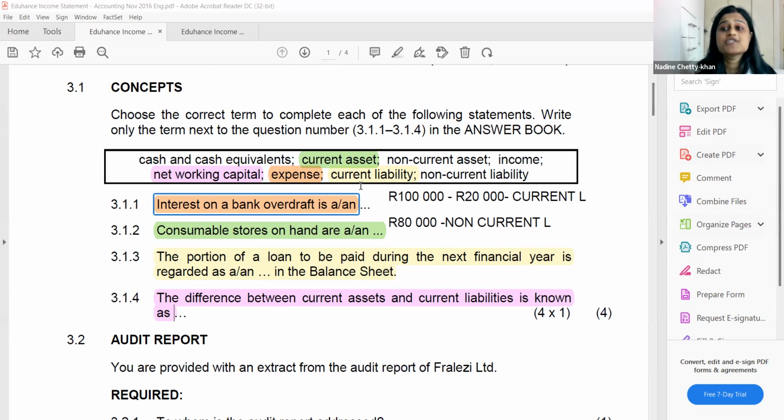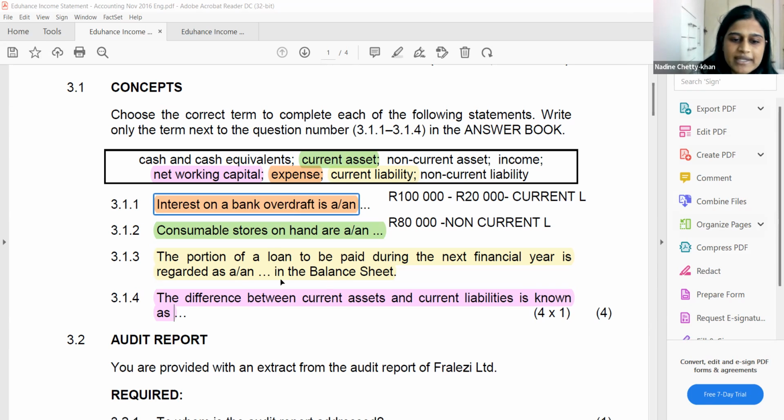So think about a positive bank account that's already cash. But then think about trading stock that can be sold quickly and converted to cash within 12 months. So that would be classified as a current asset. A current liability similar to trade and other payables, it's generally your creditors that you can pay within 12 months.